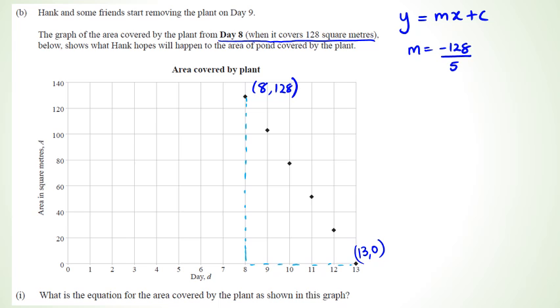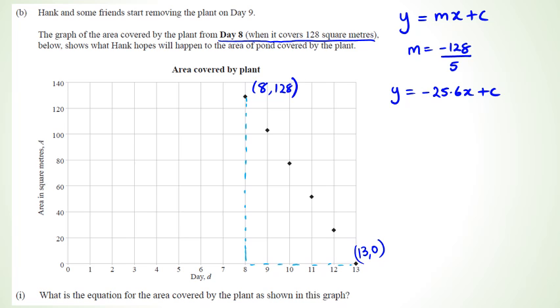So your equation is going to look like this. y is equal to, now I'm going to simplify this, negative 25.6 x plus c. Now you still have to figure out what c is. And I guess the way you do that is pick a number that's really easy to work with.